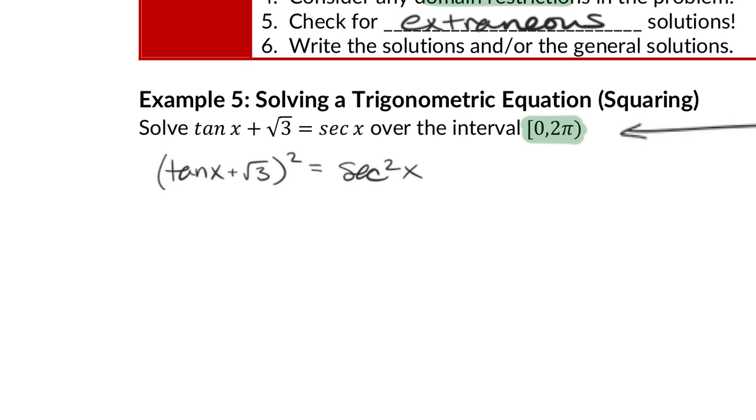You might want to show the work to FOIL this, which means you're doing tangent of x times tangent of x. You're doing tangent of x times square root 3, which is square root of 3 tangent of x. Then you're doing square root of 3 times tangent of x, same thing. And then square root of 3 times square root of 3, which is 3.